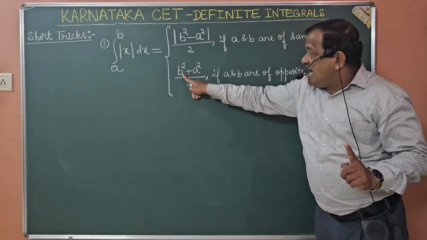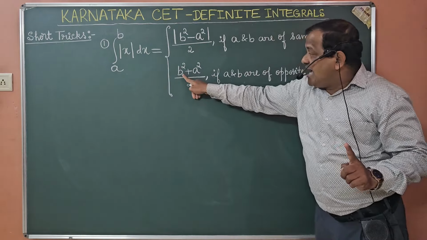If a and b are of the same sign, then my answer is modulus of upper limit square 8 square minus lower limit square 3 square, divided by 2. Therefore, this answer is 64 minus 9, that becomes 55. Modulus of 55 is 55. So, 55 by 2 is the answer.